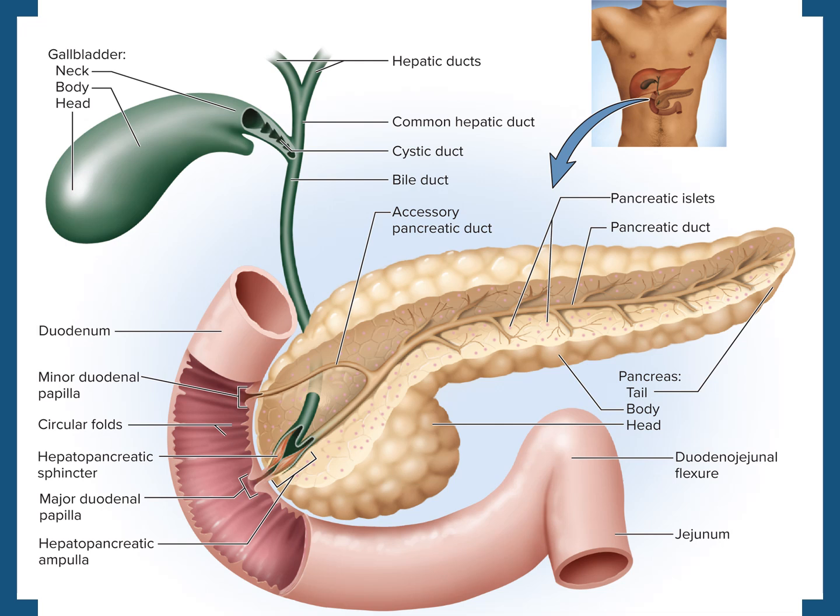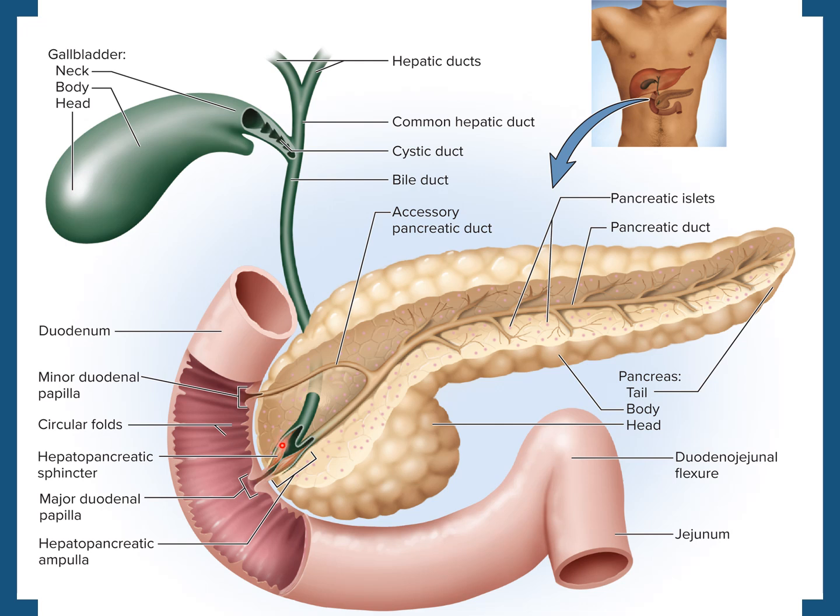And so here we have that image where we've got the leaf-like pancreas, but the stomach's now been removed. You can see the duodenum wrapping around the head of the pancreas. And then the pancreas running along the middle will have that pancreatic duct. And that duct will meet up with the common hepatic duct from the liver, and it will form that hepatopancreatic ampulla.